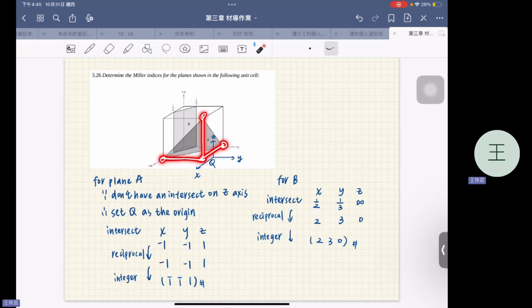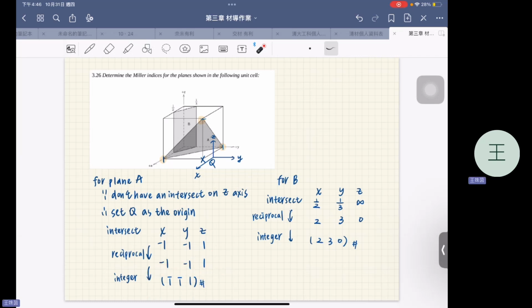So it's definitely a place where we can place our origin. Okay, so for xyz, the intercepts will be -1, -1, and 1. And we do the reciprocal to make it -1, -1, 1. So finally, the answer will be like this.